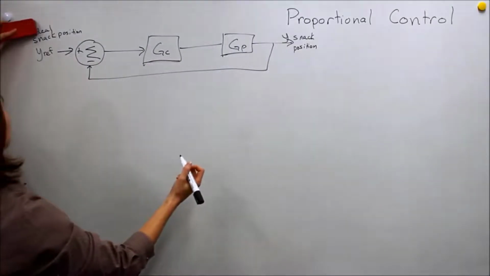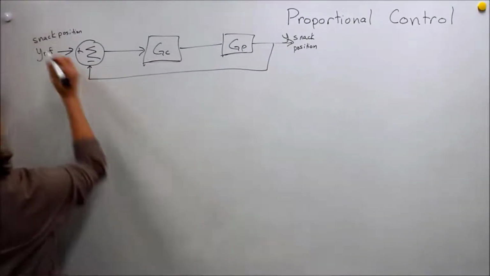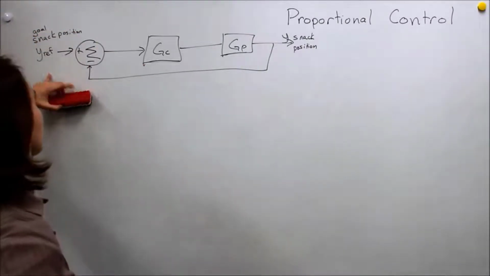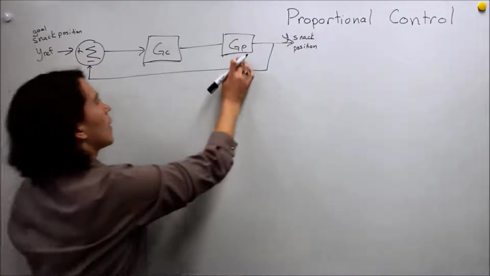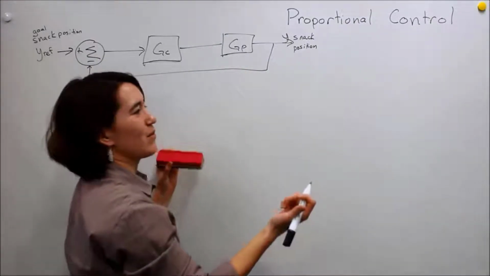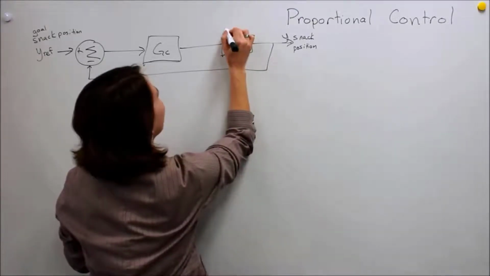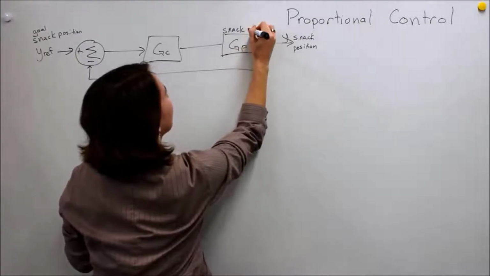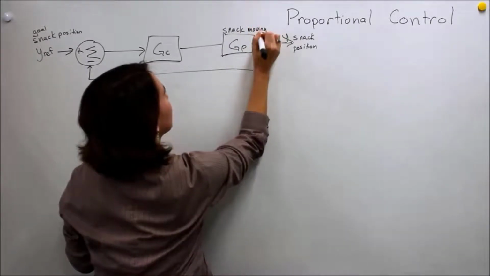And we'll call this ideal or goal, something like that. So it's our reference point. We want it to go there. Our system is essentially our snack moving system.